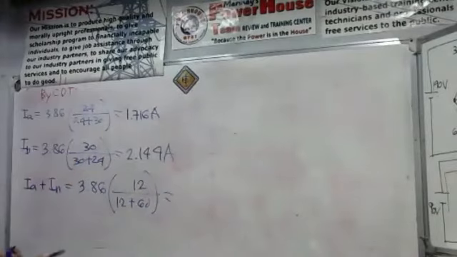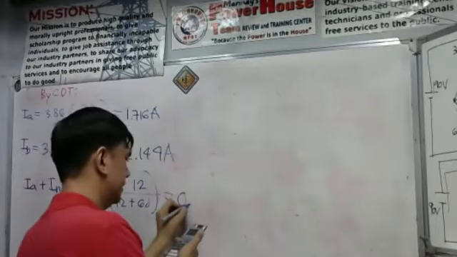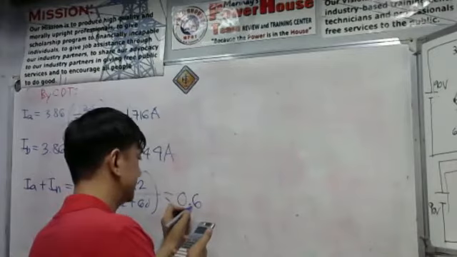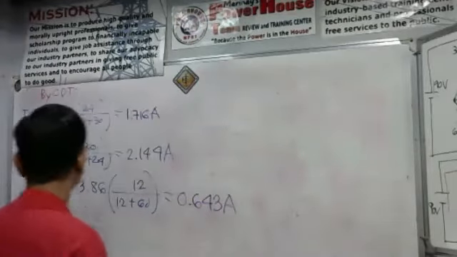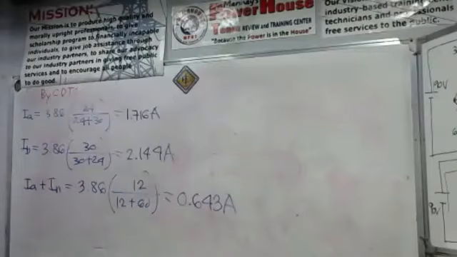So, we have 3.86 times 12, then divided by 12 plus 60. So, the answer is 0.643 ampere.